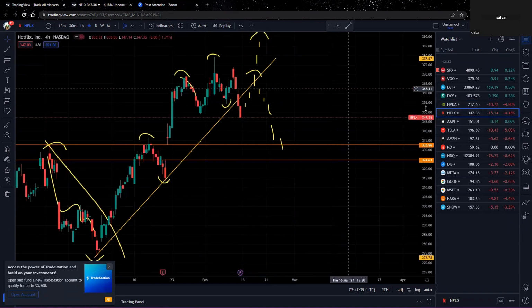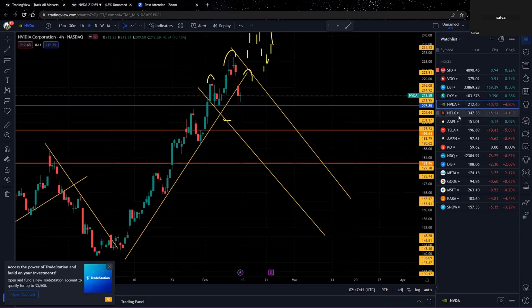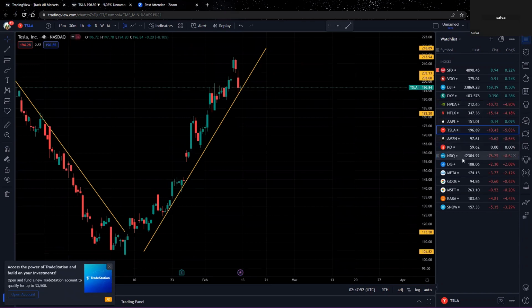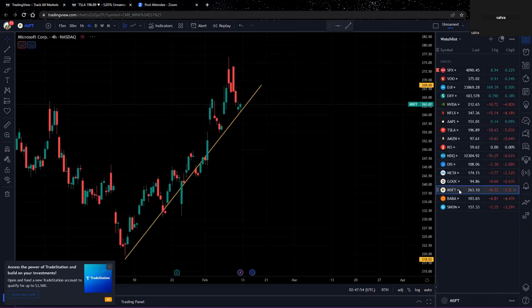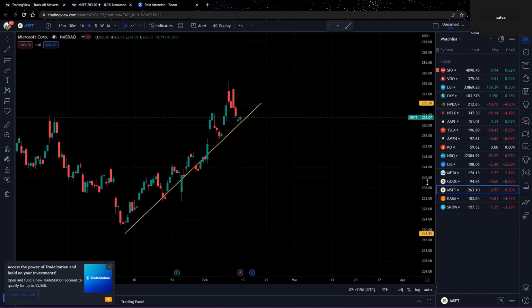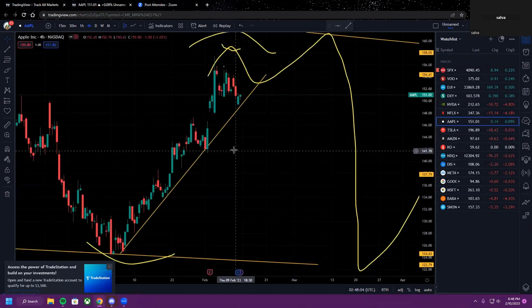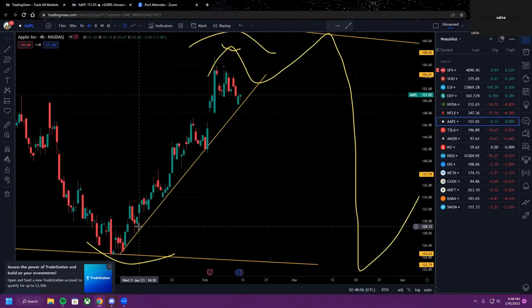Okay, from these, bro, which one looks the strongest? So let's look. Nvidia, Netflix, Apple, Tesla, Microsoft. Which one looks the strongest? If you want, you could click through them again. Just by looking at it, I think Apple does. It's like, oh, actually, that's still kind of steep.